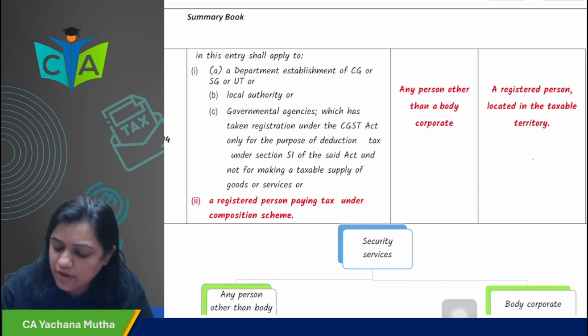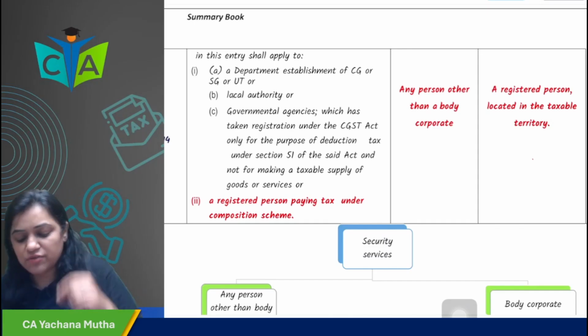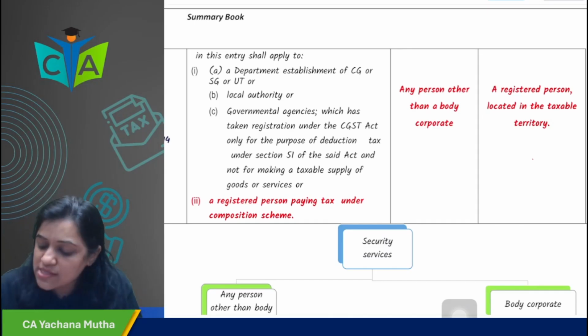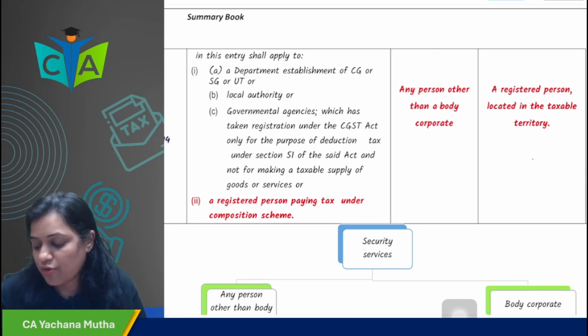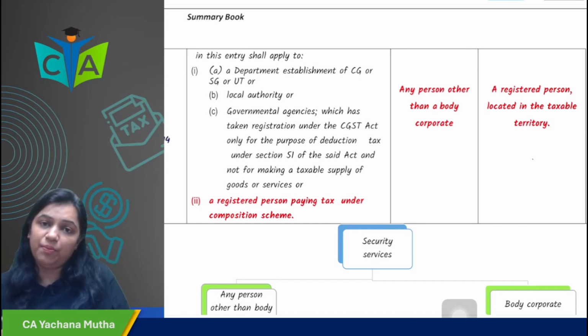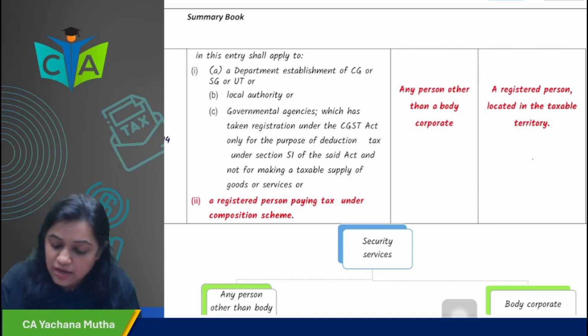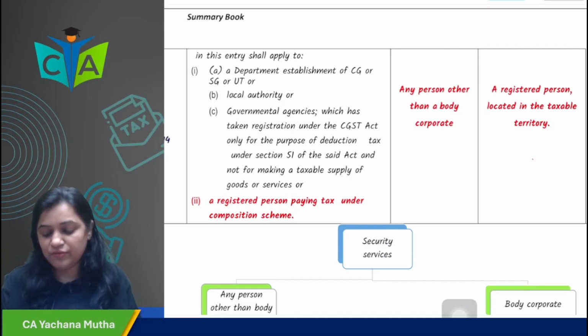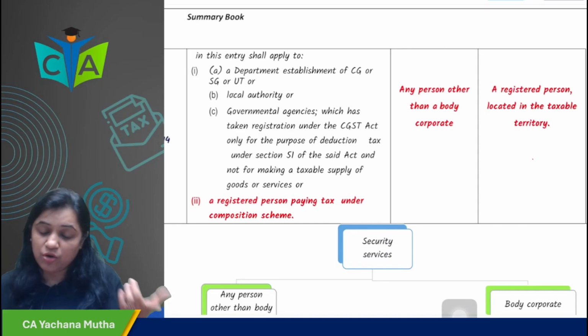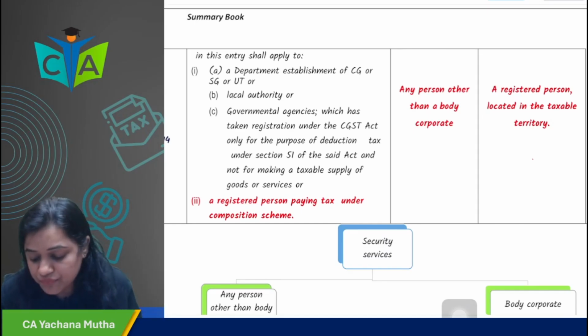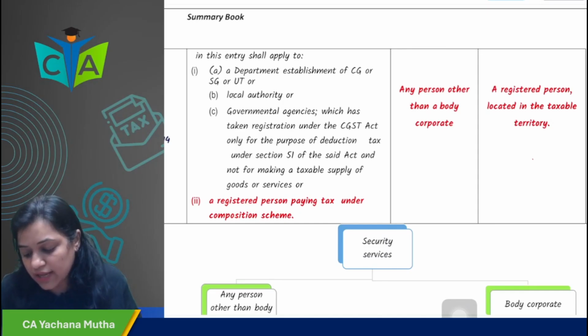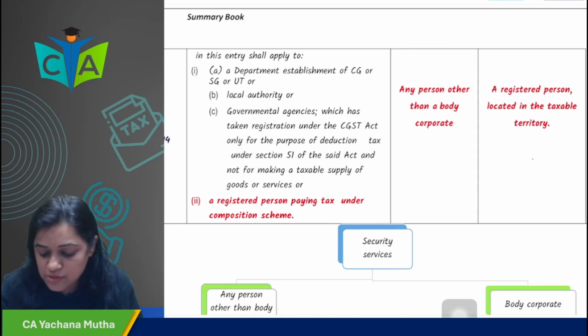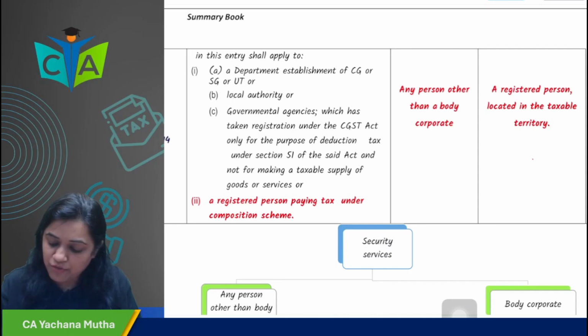In case of security service, what you have to see is who the supplier is. If the supplier is a body corporate, it is under forward charge. If the supplier is any person other than a body corporate, then we have to see who the recipient is. If the recipient is a registered person other than a composition dealer, then only reverse charge. If the recipient is a composition dealer, then it is under forward charge.